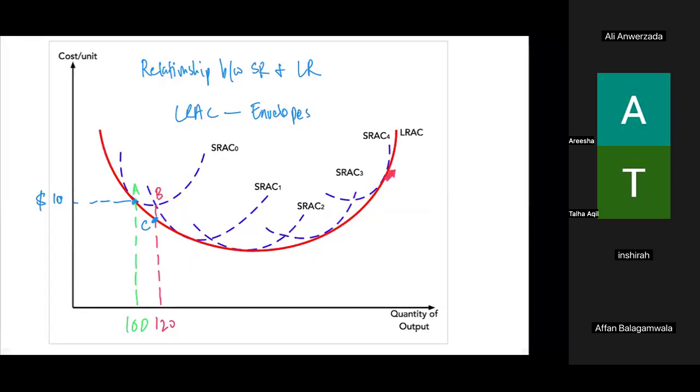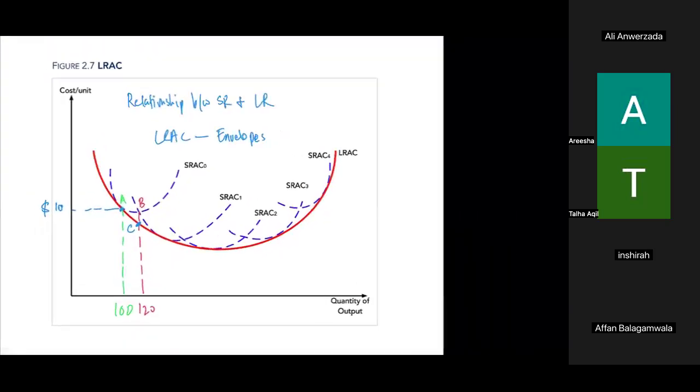And in the LRAC, the assumption is that all factors of production are variable and therefore you're producing at the lowest possible cost. Now, an important point here that comes up a lot in MCQs.